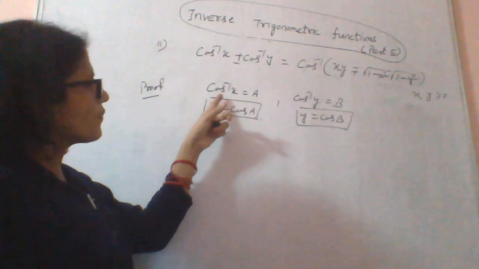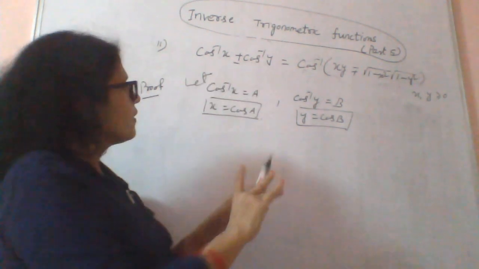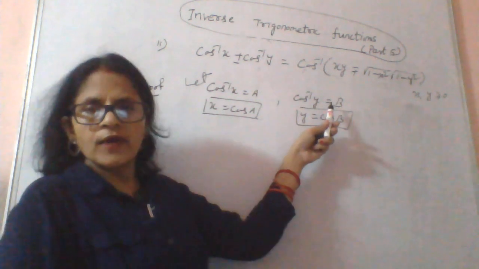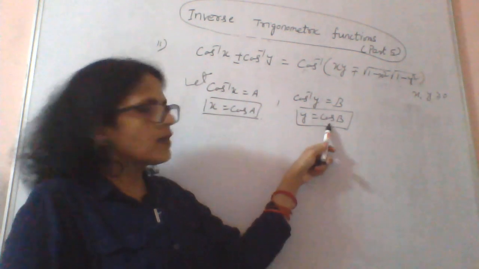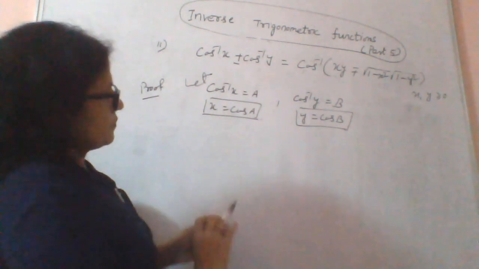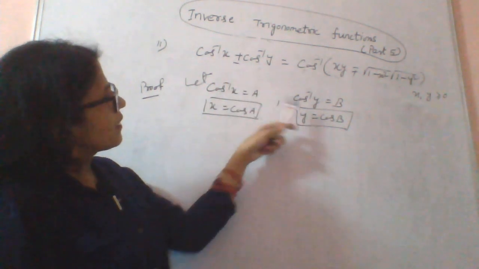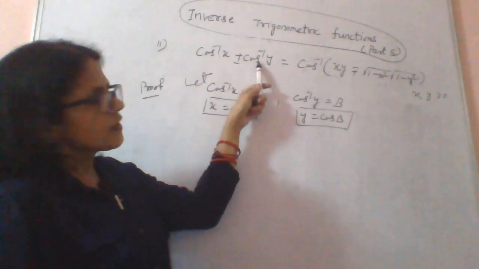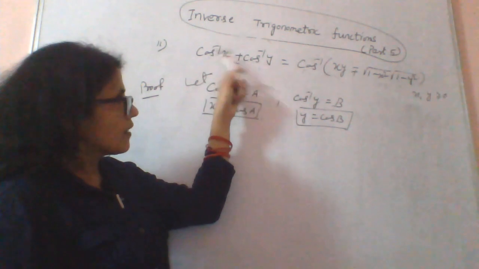So to start with, let cos inverse x equal to a, cos inverse y equal to b. It means x equal to cos a, y equal to cos b. And like the previous one, we are considering the first case, a plus b.